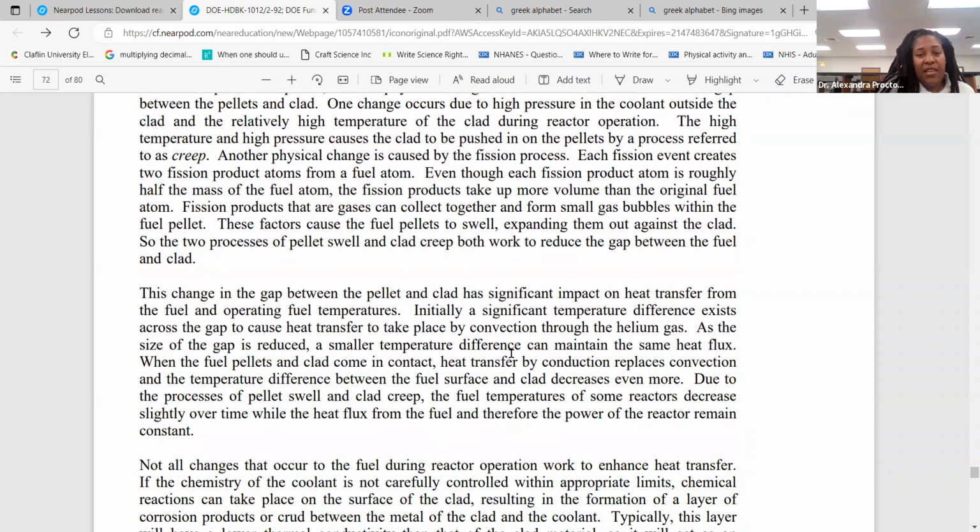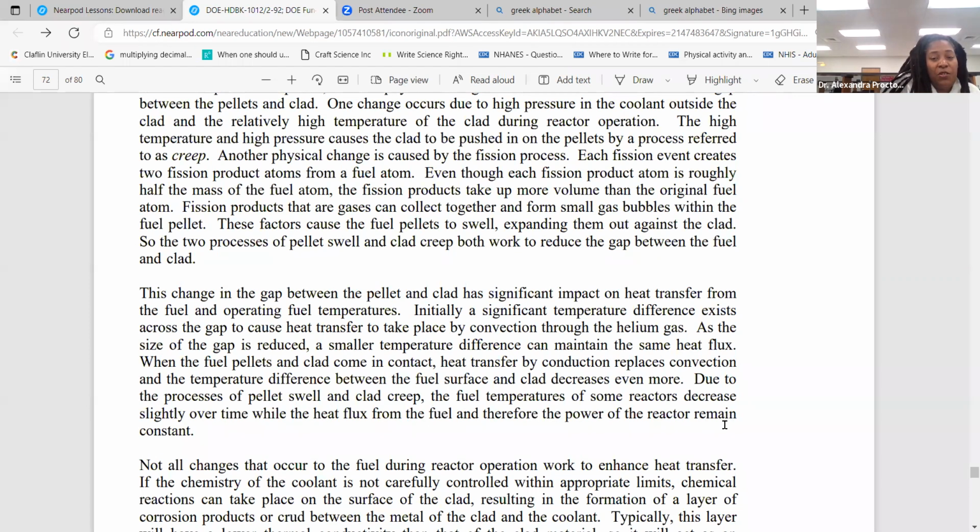Initially, a significant temperature difference exists across the gap to cause heat transfer to take place by convection through helium gas. As the size of the gap is reduced, a smaller temperature difference can maintain the same heat flux. And so when the fuel pellets and the clad come in contact, heat transfer by conduction replaces convection, and the temperature difference between the fuel and clad decreases even more due to the processes of pellet swell and clad creep.